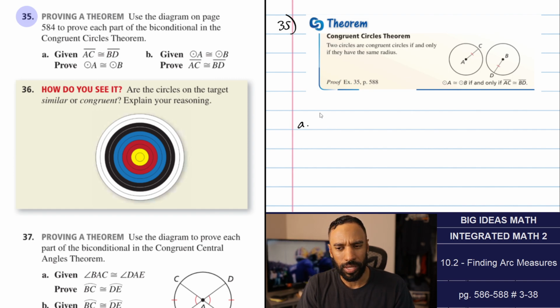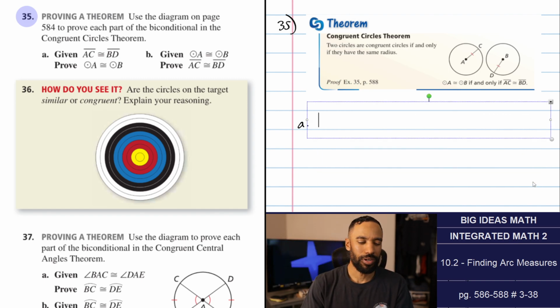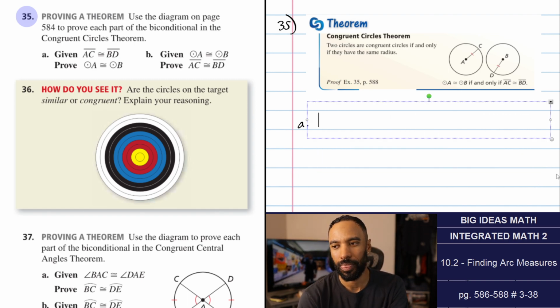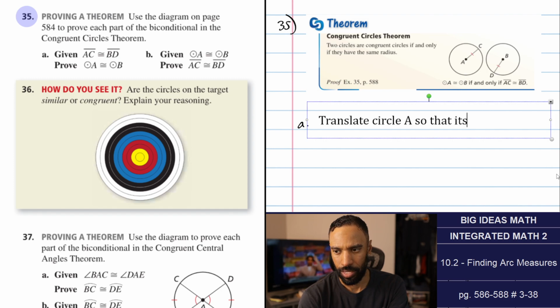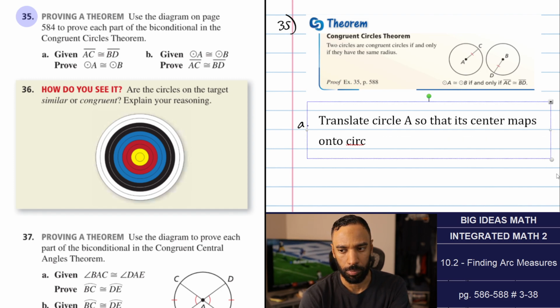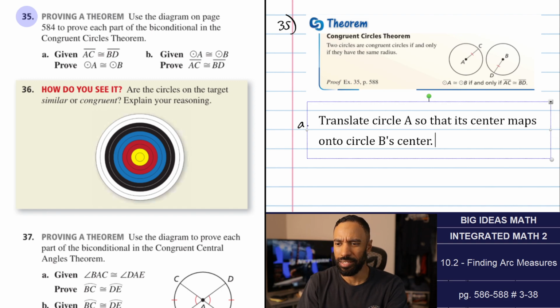So what I'll do is, I'm not good at this part at all. It's weird that they're kind of making us do that. Translate circle A so that its center maps onto circle B's center. And what that will give us are congruent radii.